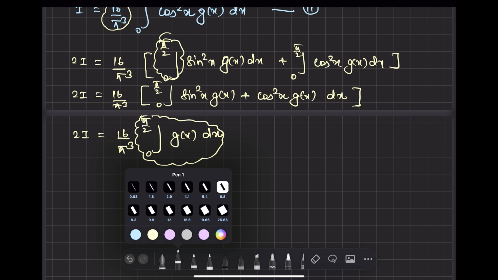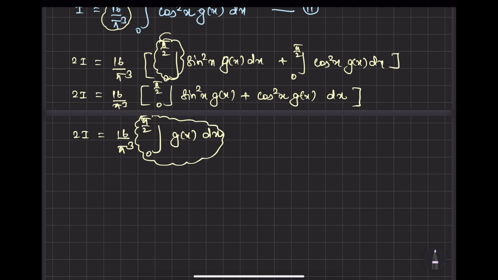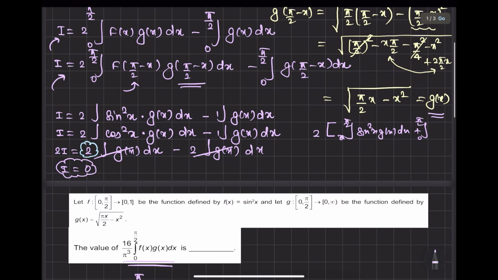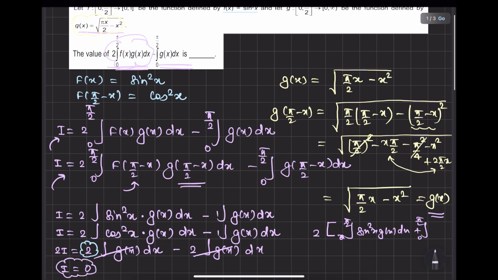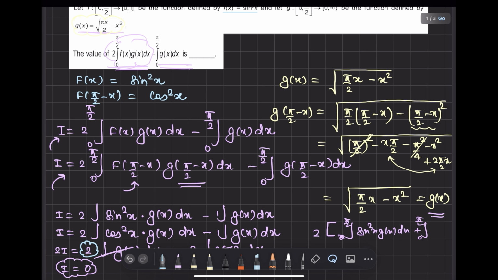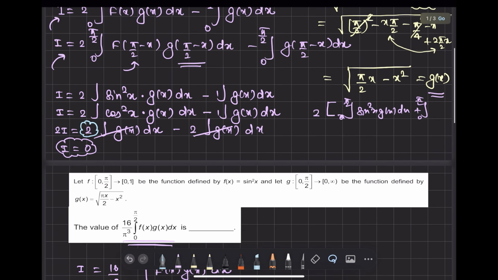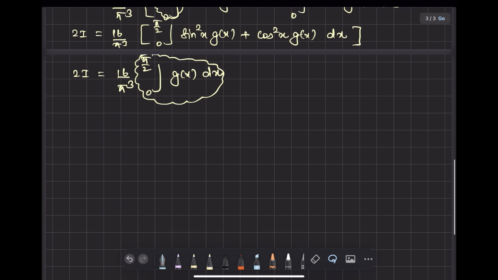Now try to understand who is g of x. So g of x was this. Now try to observe your g of x.